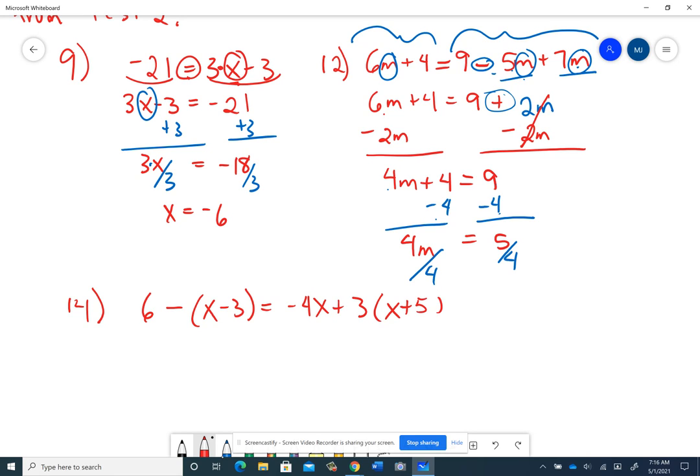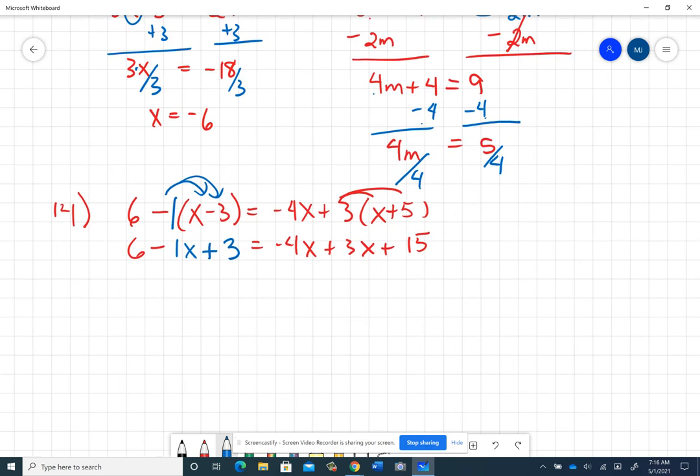You have more than one variable term on the right. This one is tricky because you have this parenthesis with a minus in front of it, so you need to remember that understood 1 you can put in front and then distribute the negative. So this becomes negative 1x plus 3.